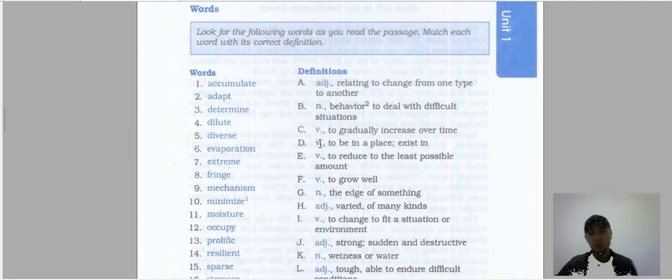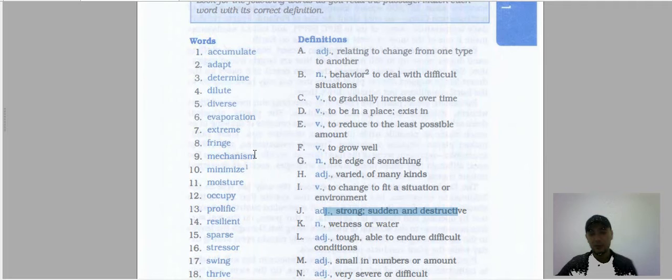And extreme, that means very difficult, or let's say sudden and destructive and strong. And the fringe, that means the edge of something. For example, you can see this one, my cap, and here you can see the edge. This is called the fringe too.